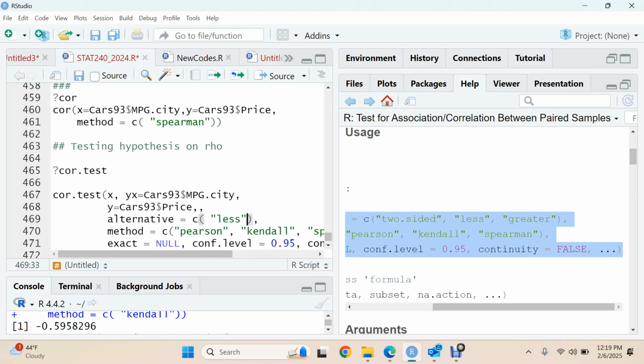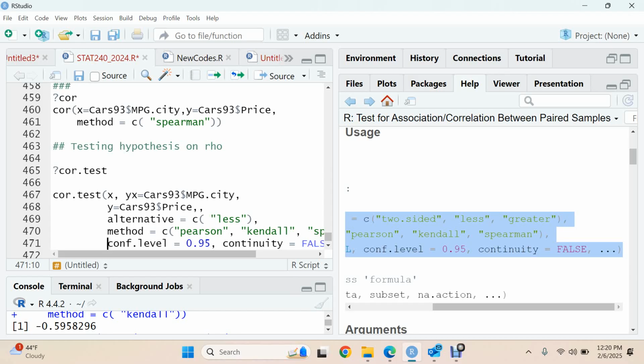Then the method. We can stick with Pearson or any other one. I'll leave it like that, which means it will take Pearson, because that's the first one. Is everybody okay with this? Good. Then the exact argument, we can delete it, not quite necessary. Confidence level: if in the exam I ask you to do 90% and you leave it like this, that would be wrong. So you can change it to 0.9.